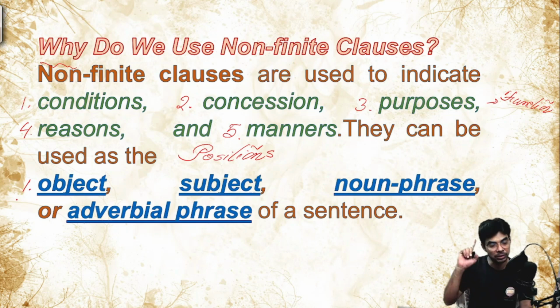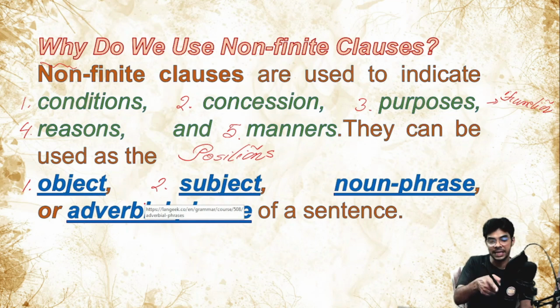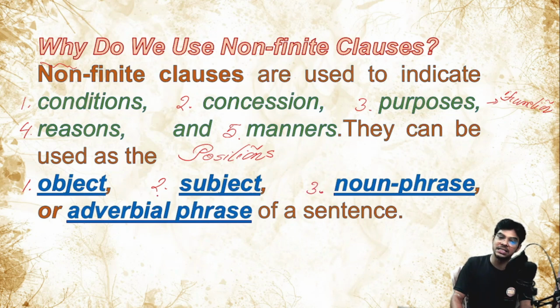You find it out in the first example. Second, subject. In the second example, we have shown how they are used as subject, and also they are used as noun phrases or adverbial phrases. Sorry, it would be four. So these are the four different positions of a sentence where a non-finite clause may occur.